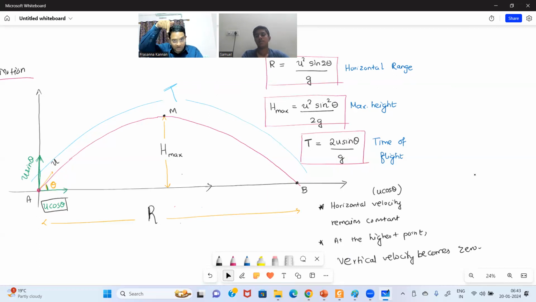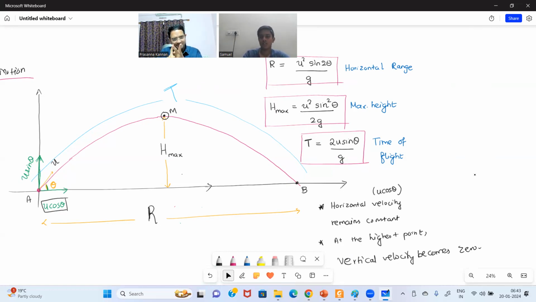Because as you understand, as you throw the projectile, because of the gravitational force acting in the downward direction, the acceleration is also in the downward direction, which is opposite to the direction in which the projectile is moving. So the vertical velocity will keep decreasing. And at the topmost point, the velocity will not be 0. Why? Because velocity has two components, horizontal and vertical.